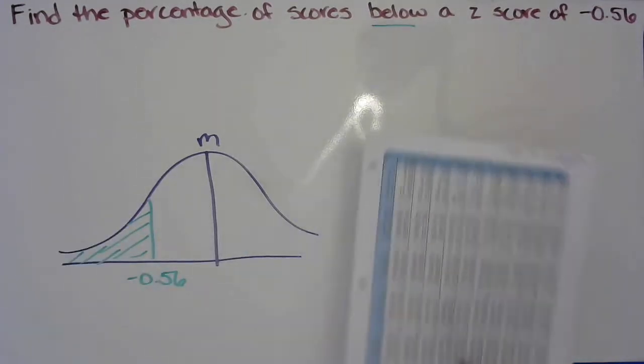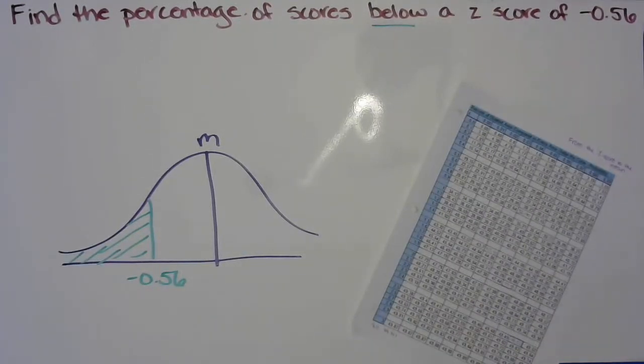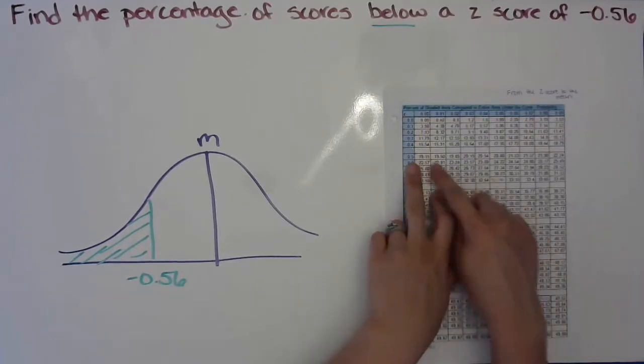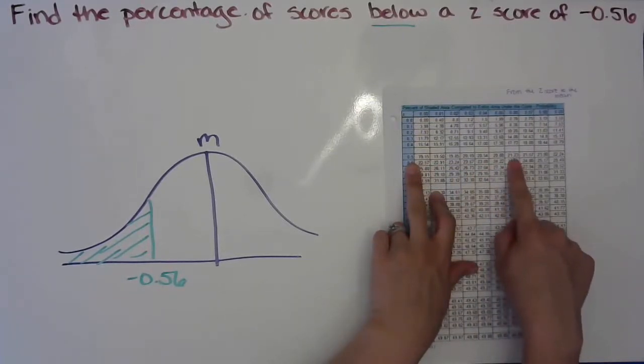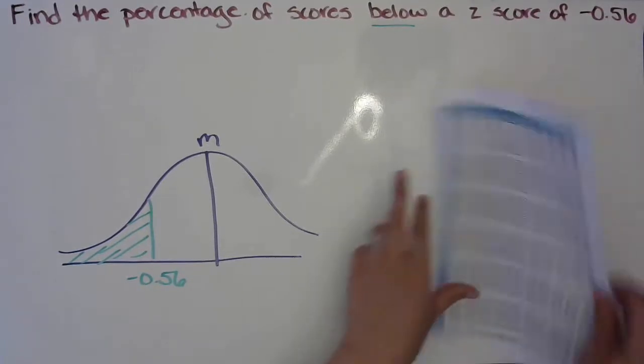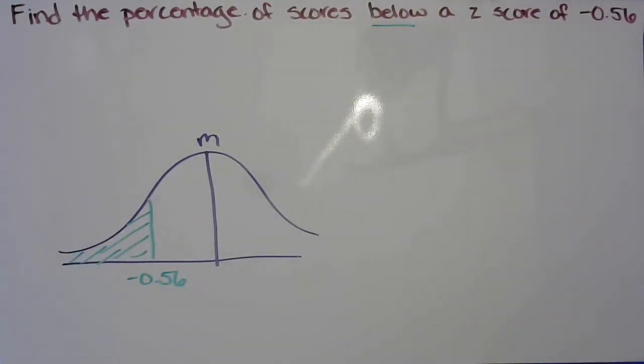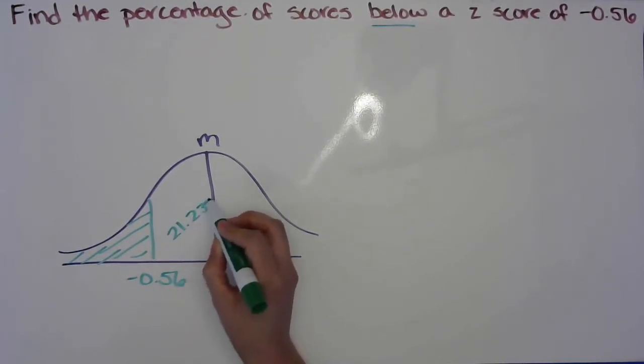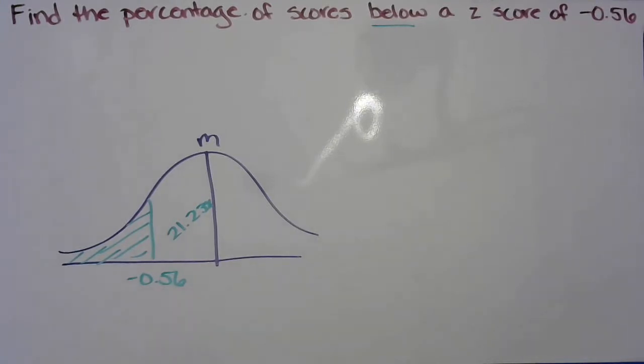And if we go and pull out our table and look up 0.56, go to 0.5 over here and over to 0.6, that is going to give us a percentage of 21.23. So since that table tells us what is between the mean and the z-score, it is going to go right here. So 21.23% here. And we are looking for this area here.